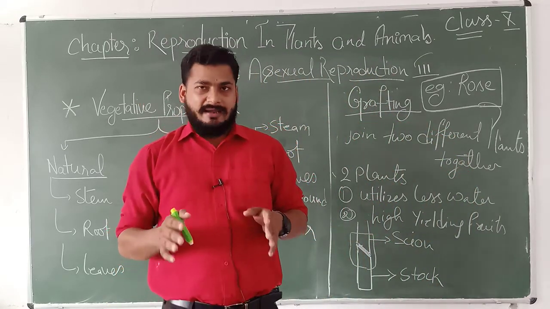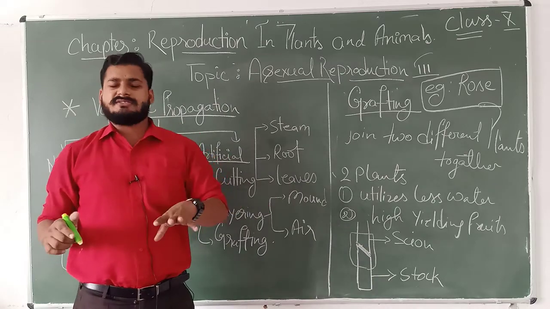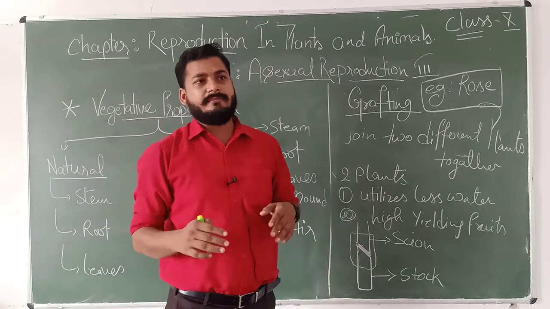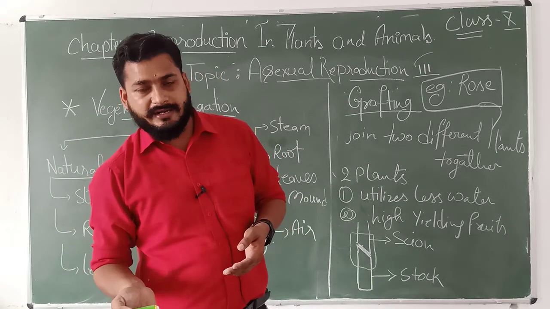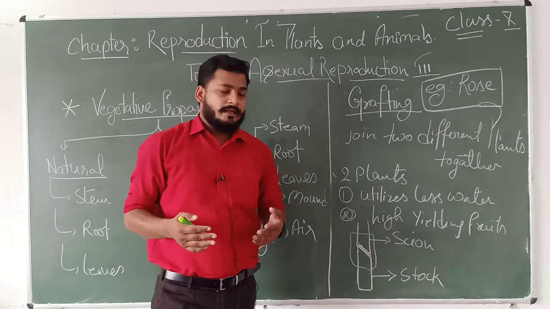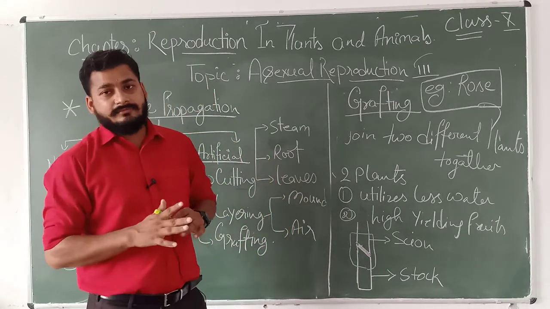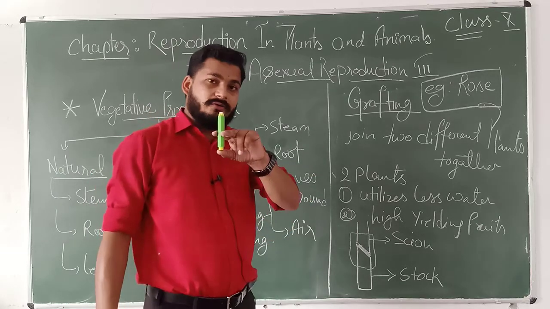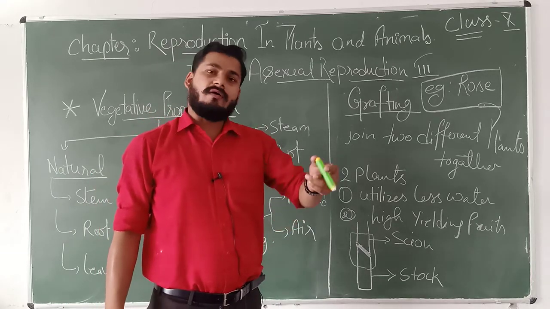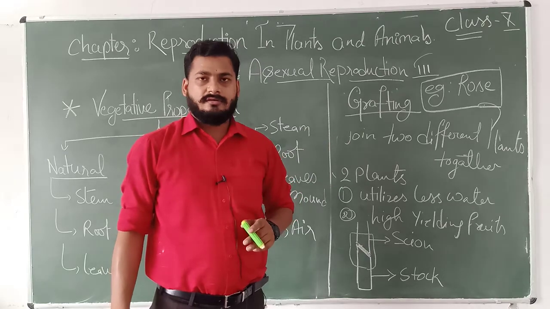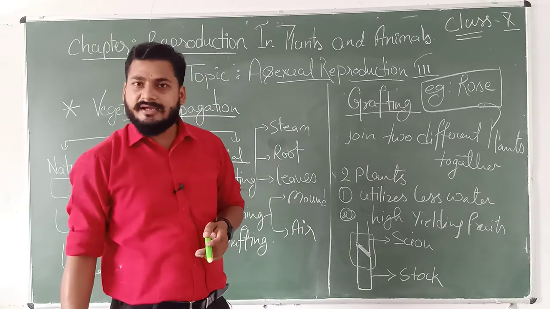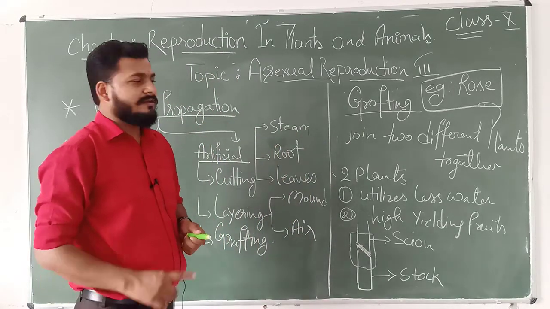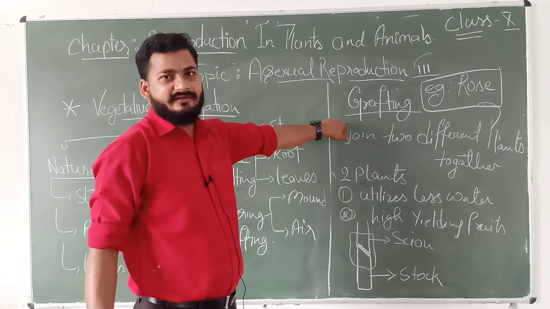Basically, by nature, one plant bears one color of flowers. That may be white or red, yellow. But in case of some gardeners, you may find that one rose plant is bearing red, white and yellow flowers at the same time. This happens because of grafting.